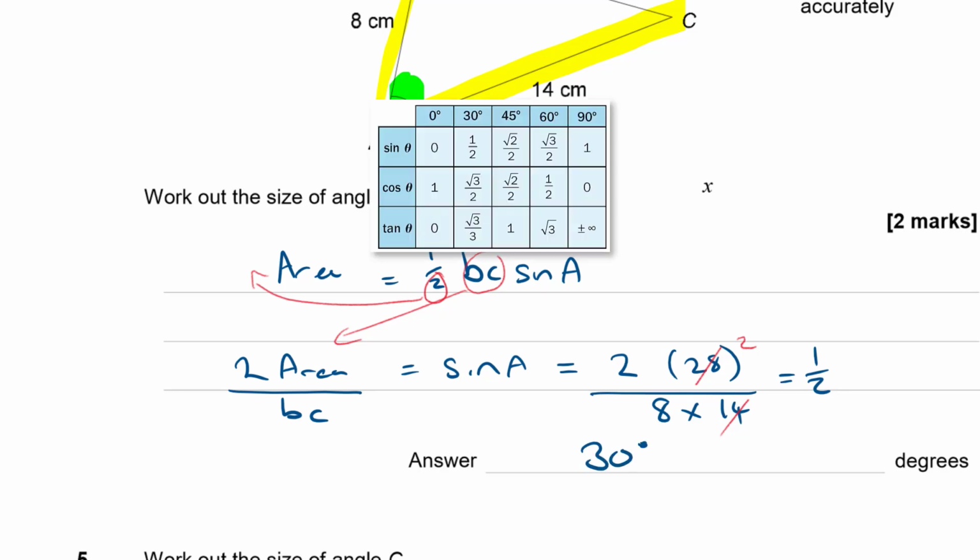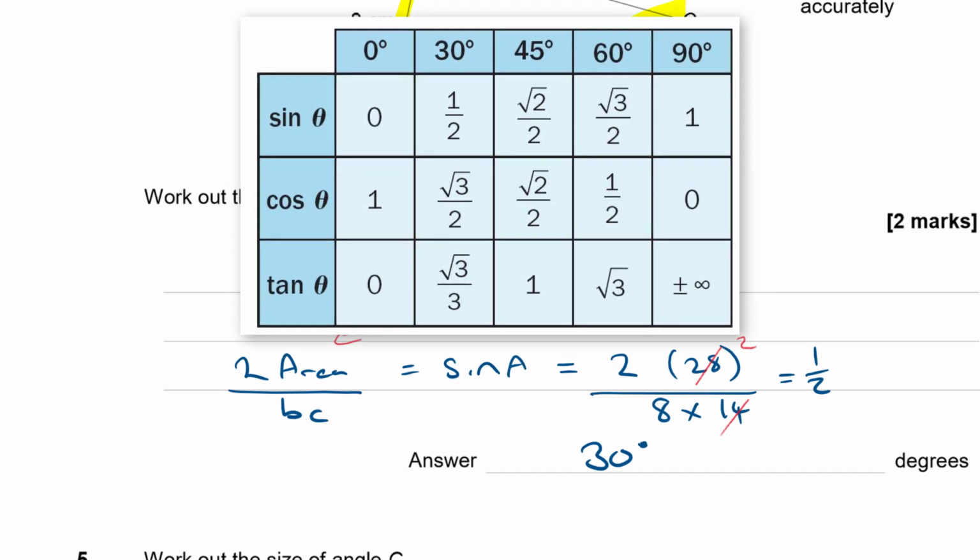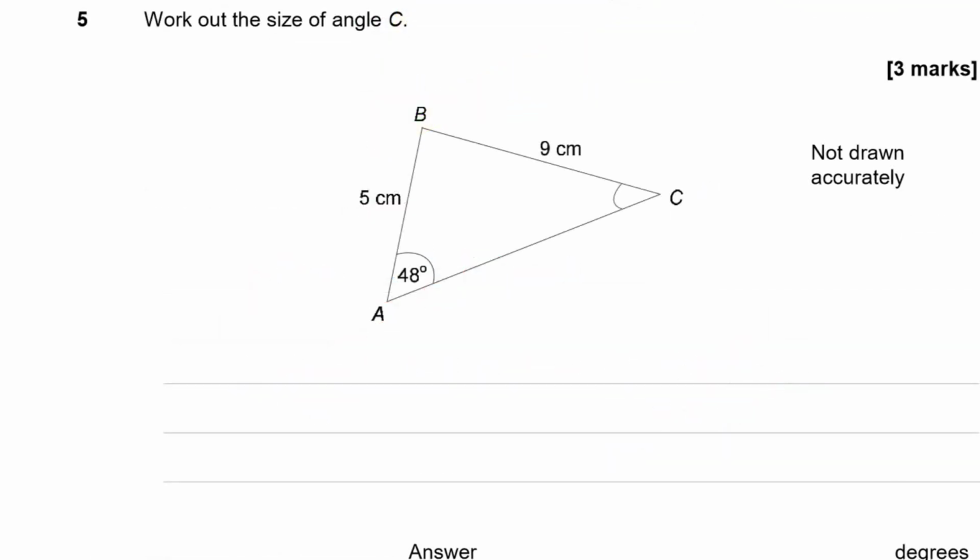How did I know that? It's because I know my exact angles for sine, cosine, tangent for 30, 45, and 60, and you should know those too. Question 5. Work out the size of angle C. Now, we know this test is on sine rule and cosine rule, but this is how a question would be worded in the main exam as well, and you'll have to work out from here that it is a sine rule or a cosine rule question.